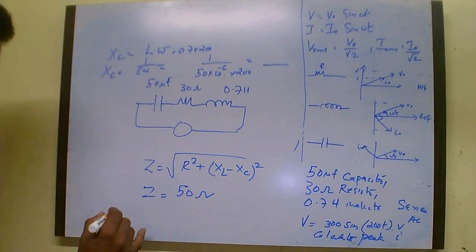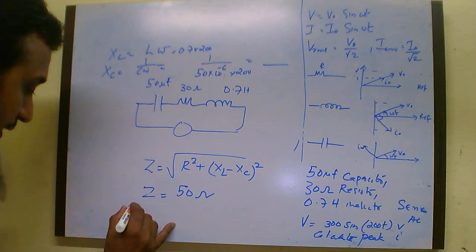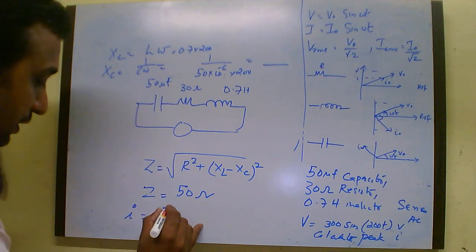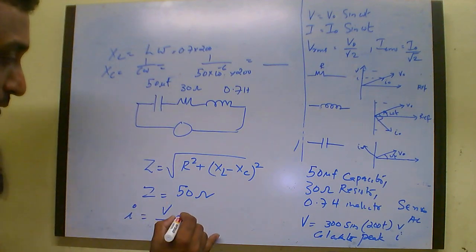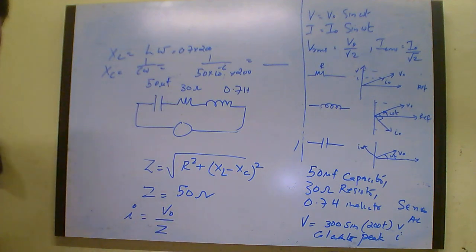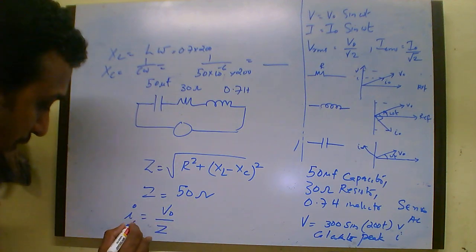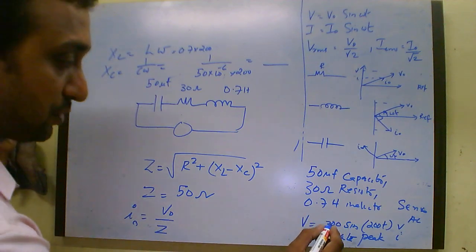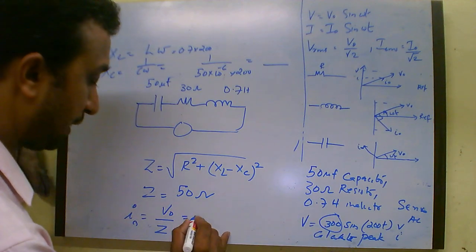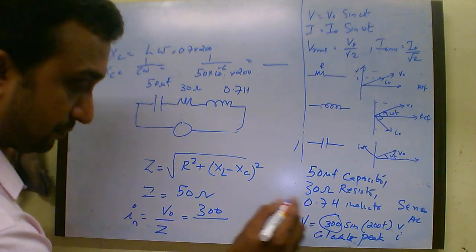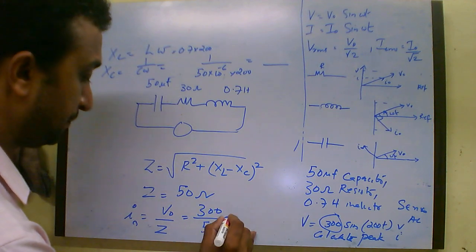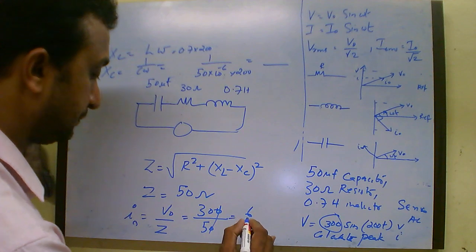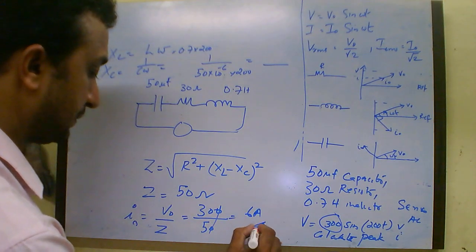Now to find the peak value of the current, I equals V by Z, so I0 equals V0 by Z. V0 from the equation is 300, the applied voltage, divided by Z which is 50, so it will be equal to 6 amperes.